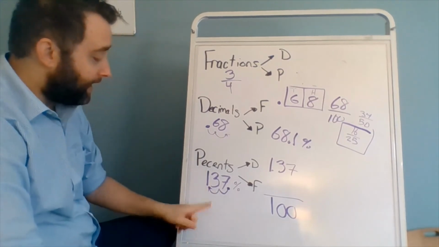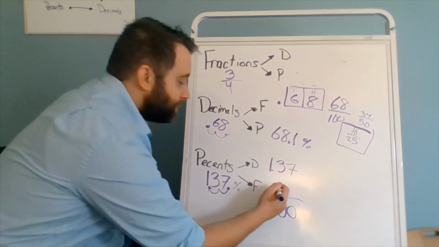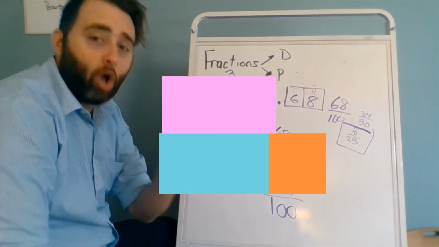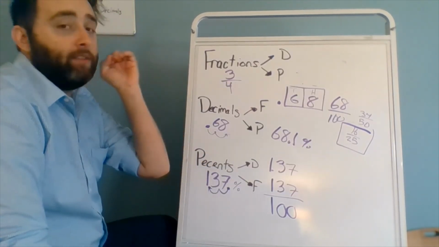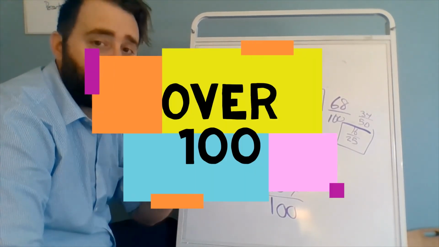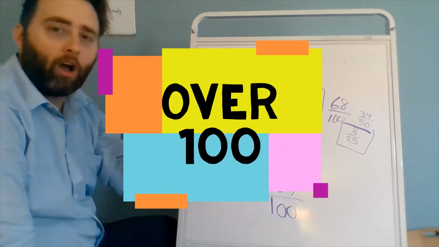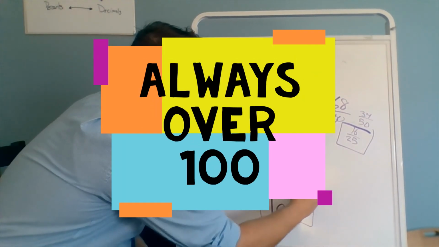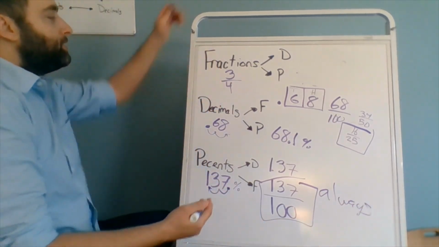Like in our example, 137% is 137 over 100. Percent is always over 100, no matter what it is. If it's 250%, over 100. If it's 1,005%, over 100. Percent, always over 100. Hopefully that wasn't disastrous.